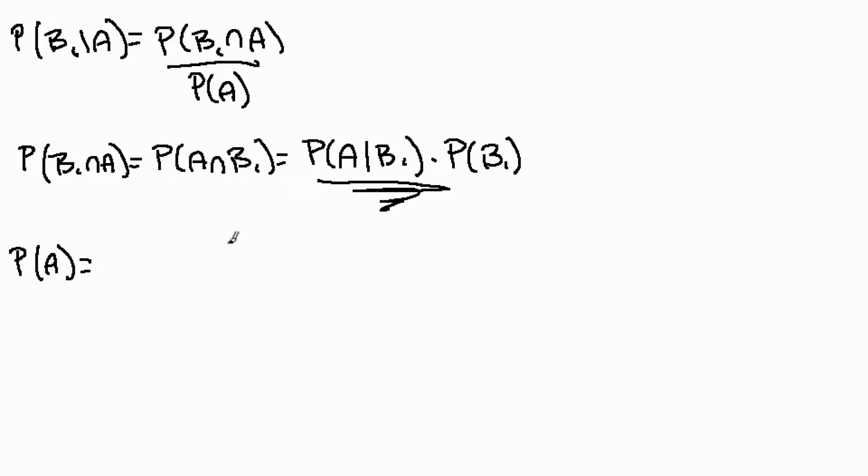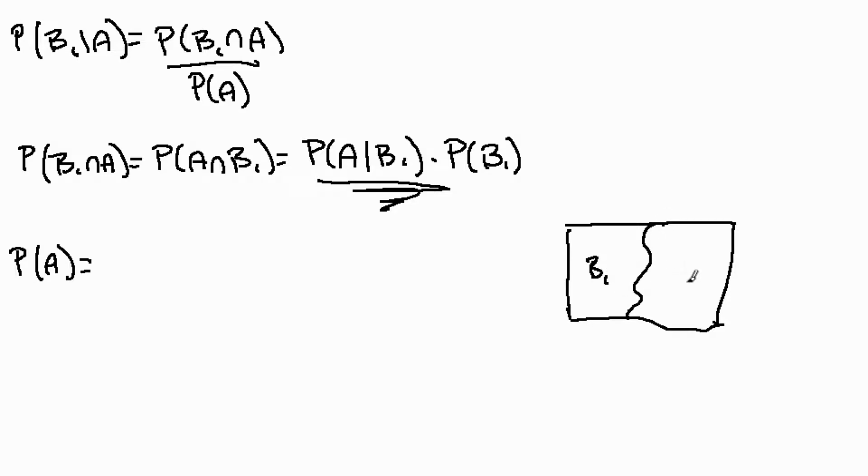Well, remember what's going on here is, you could almost think of, here's my sample space, and here's B1, and here's B2. Over here we're picking an urn. This would be that I pick urn 1, this would be that I pick urn 2. And over here, this is my event A. So we know that A is made up of two disjoint parts.